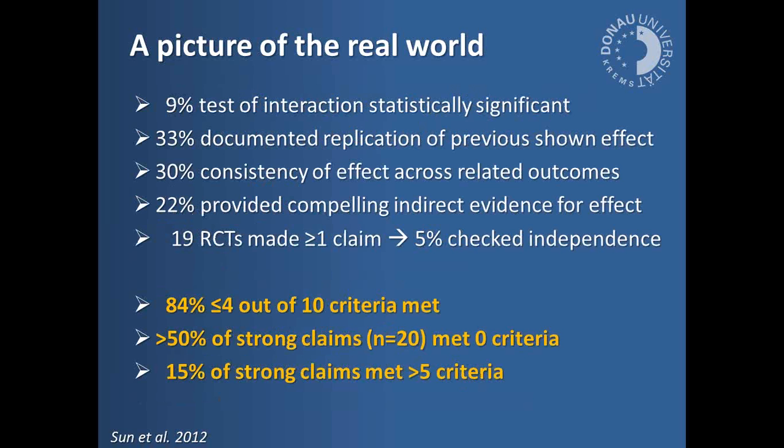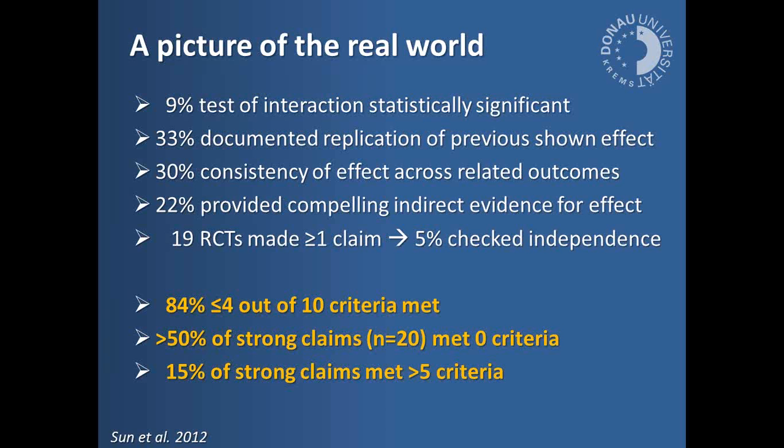They made tests of interactions, and only 9% of those claims in the tests of interaction were statistically significant. In a third, the replication was documented already, that the effect was shown previously.